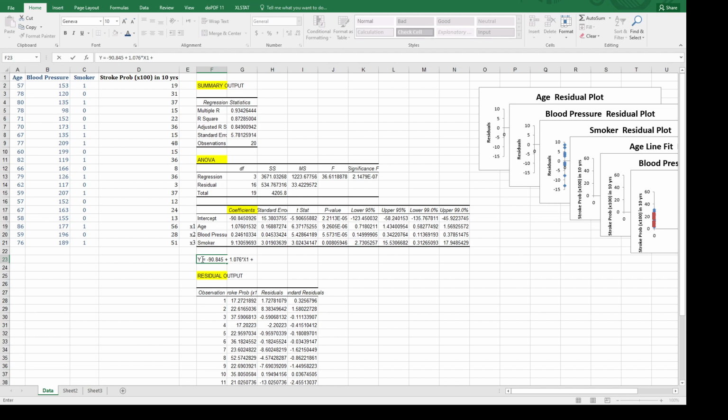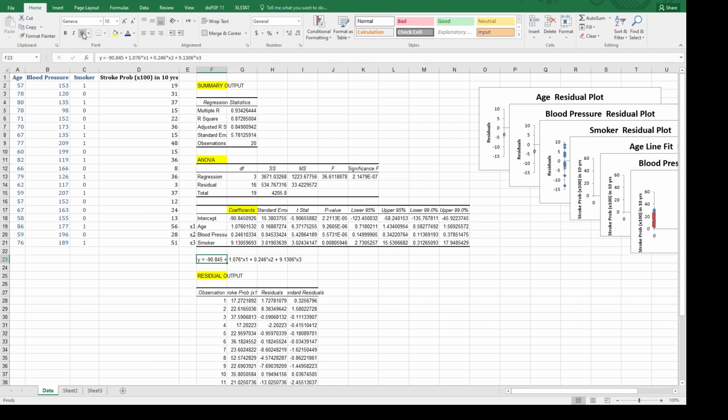And after that we have 0.246 times x2. Let's keep this clean. So this is x1, and let's make this not a capital Y. And then we have plus 9.1306 times x3. So that is our estimated regression equation for this three variable multiple regression run.